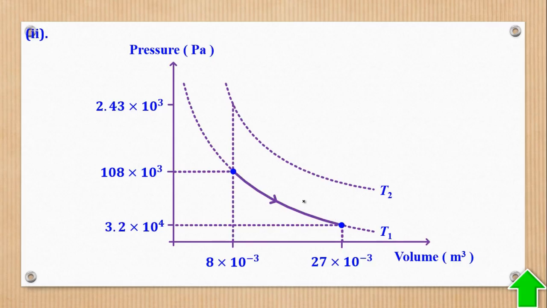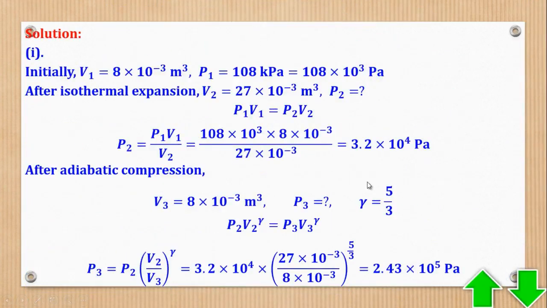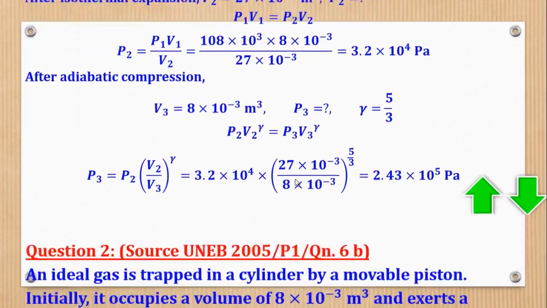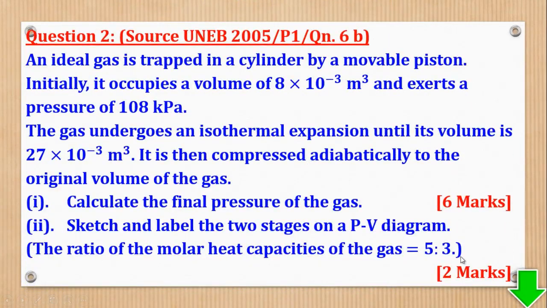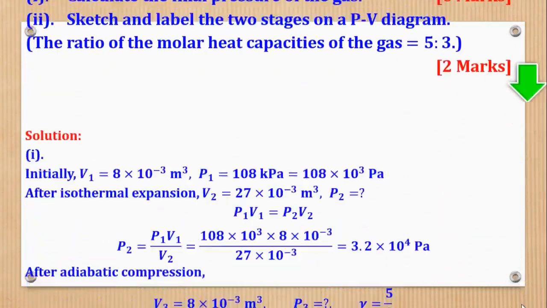Next was adiabatic compression, and P was this and V was this, which gives you this point. So it will move from here up to here. I think you notice there's a change in temperature, meaning it is now adiabatic. And that's what they wanted. So that is Roman 2, you're done with the question.